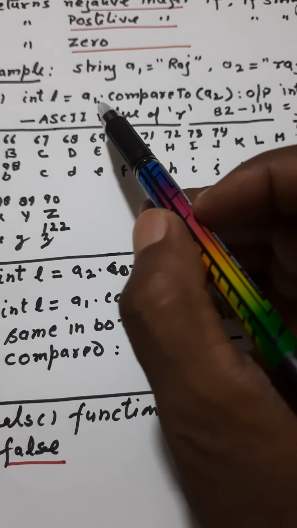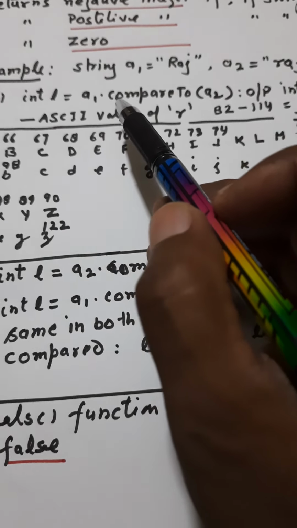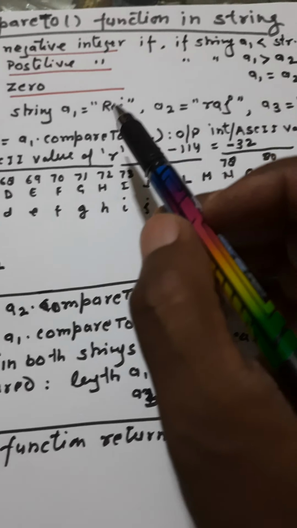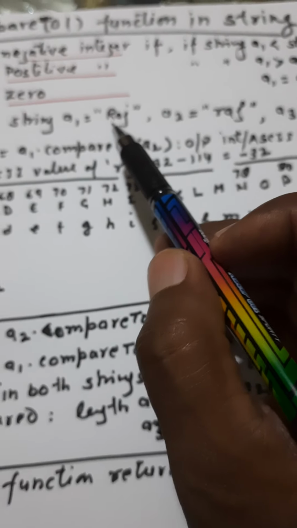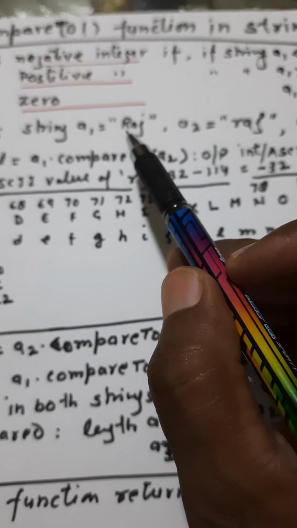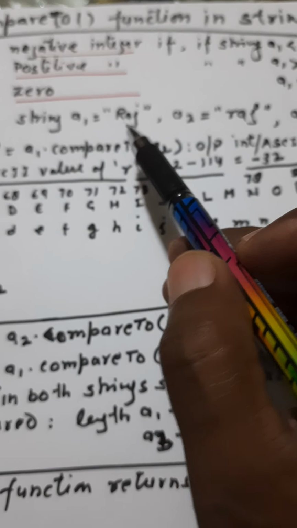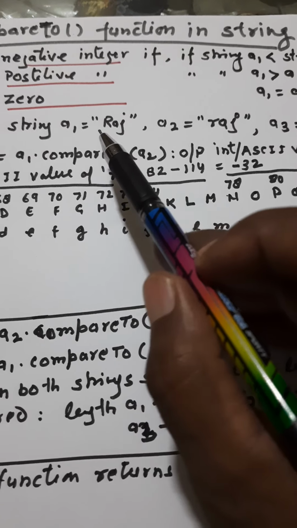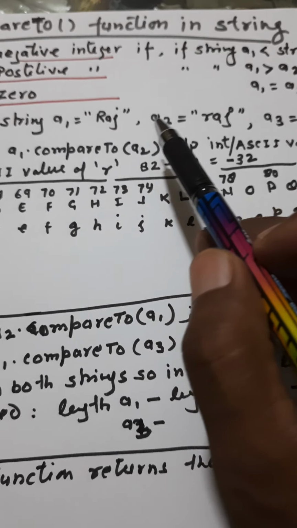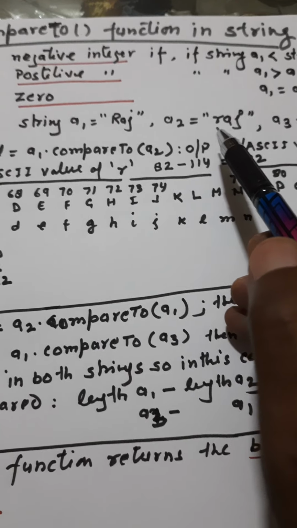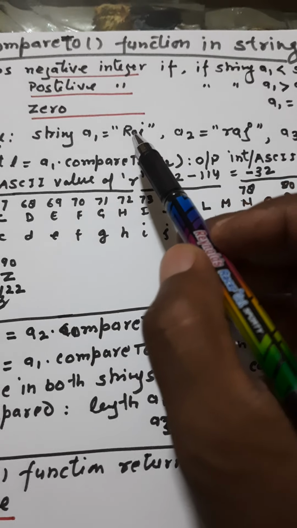What is the meaning of this? The a1 string is going to be compared with a2. So how will the string be compared? a1 is equal to Raj, and a2 is equal to raj. But in a1 R is capital and in a2 r is small. So what will happen?